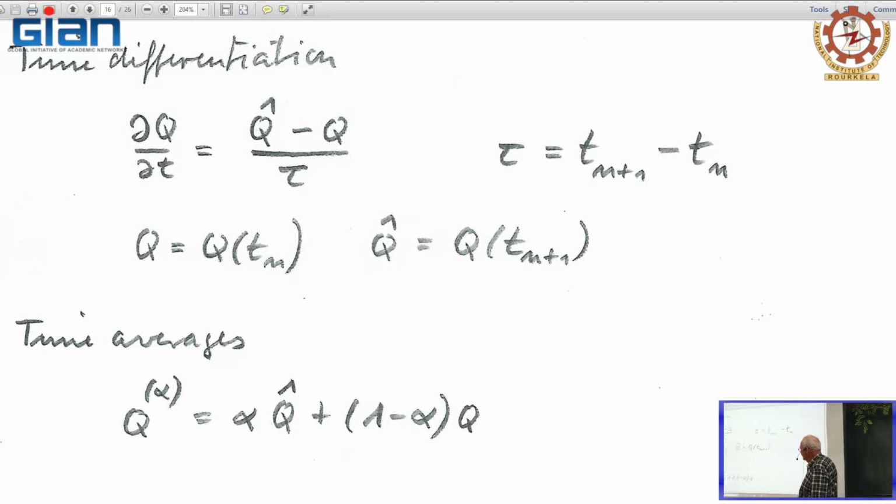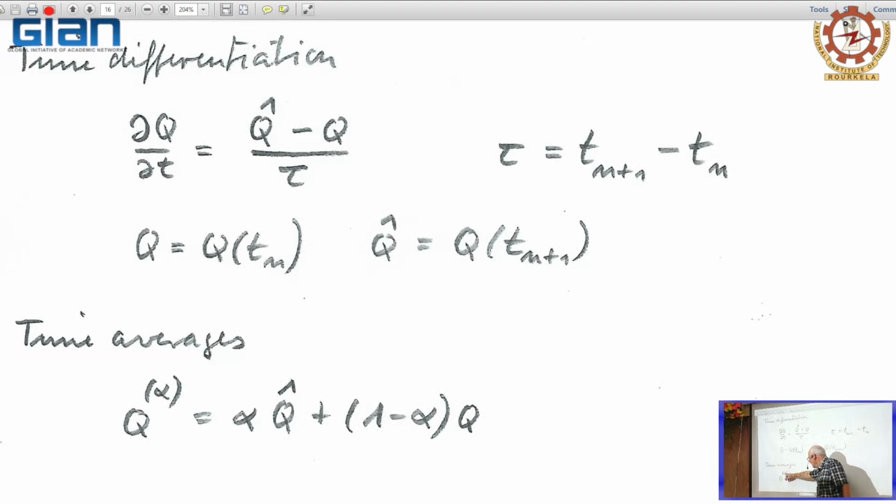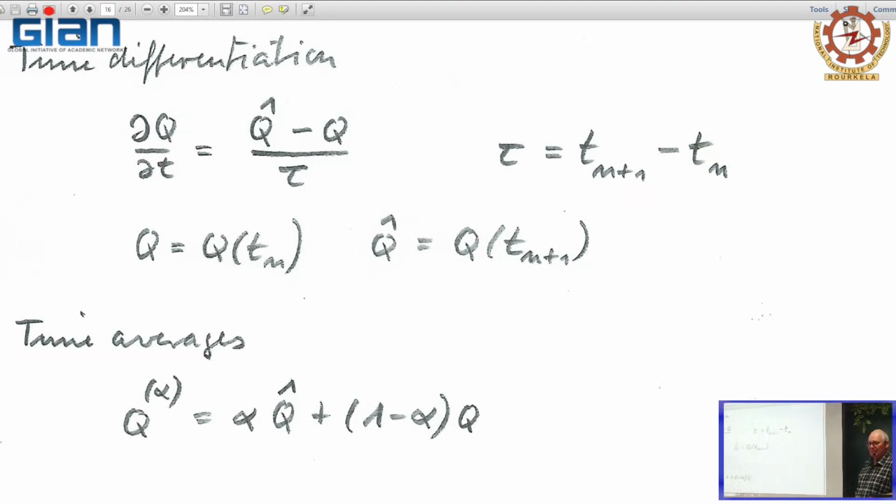If alpha is equal to 1, then the second term is 0, and Q with weight alpha equals 1 is simply the quantity at the new time step t_n+1. If alpha is equal to 0, then Q_0 is the quantity at time t_n.